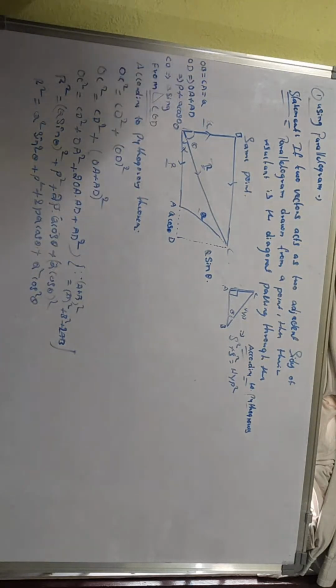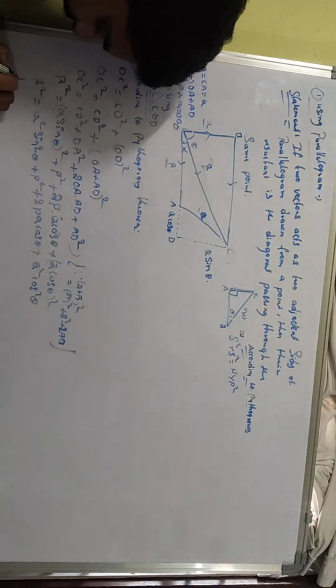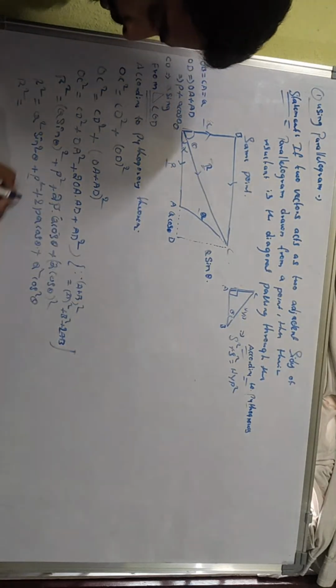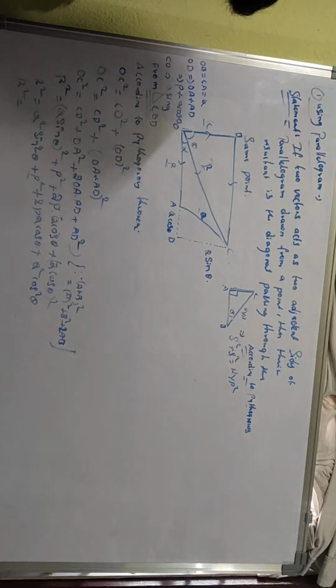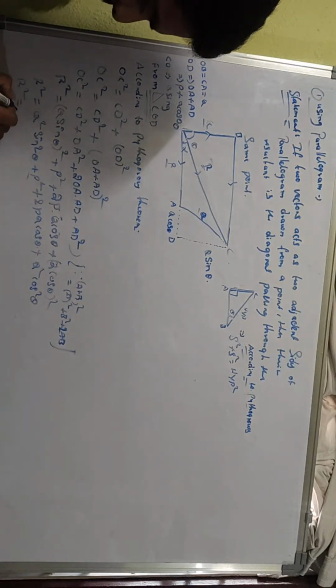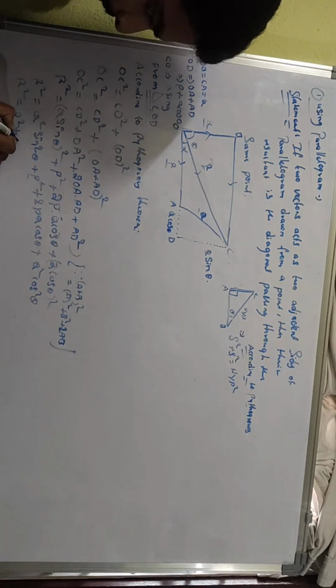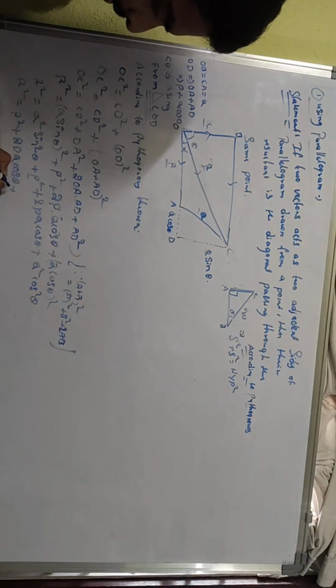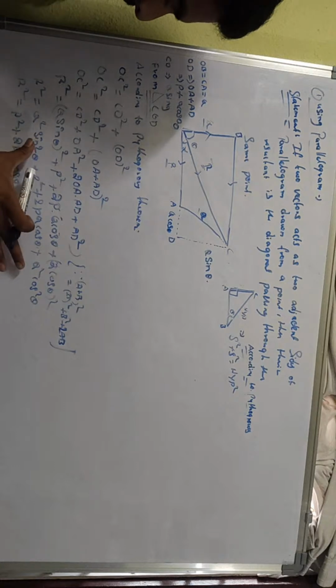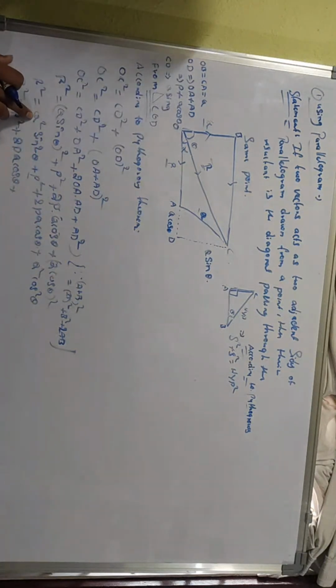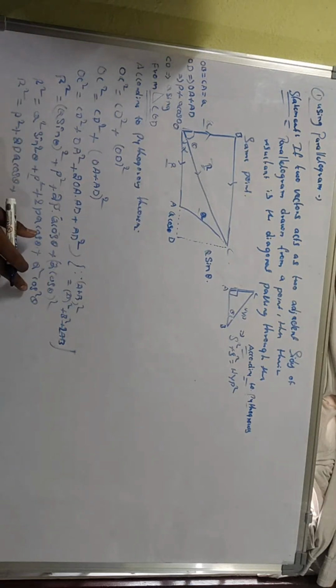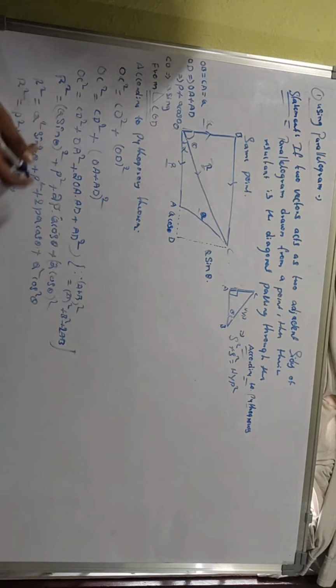When we write it in order, R square is equal to P square plus 2PQ cos theta. When we observe these two expressions, here Q square sin square theta and here Q square cos square theta. When we take Q square common, what is the resultant?